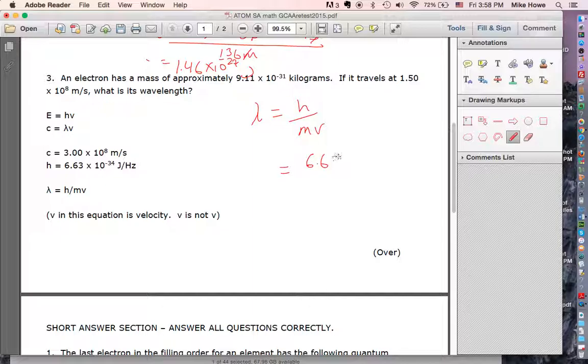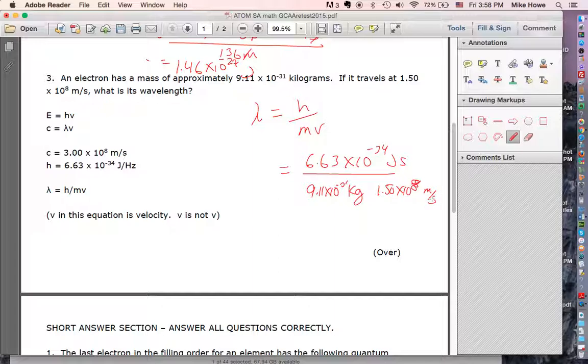So 6.63 times 10 to the negative 34th, that's joule seconds again, joules per hertz, divided by 9.11 times 10 to the negative 31st kilograms, and multiplied then by the velocity of 1.5 times 10 to the 8th. Whoops, it's positive 8, not negative 8. And that was in meters per second.